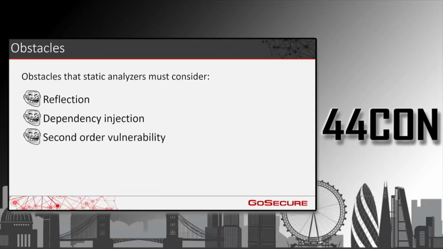Second order vulnerability, this will imply a database or data storage. So think, for example, if you're having an e-commerce website, when you click the submit order button, at this moment, not everything will be done. It would most likely be pushed to a queue.